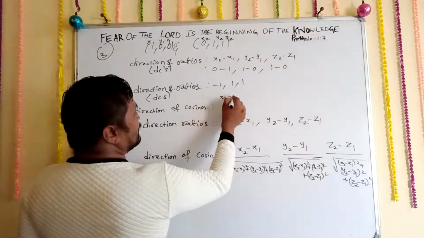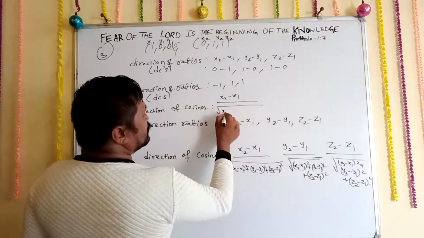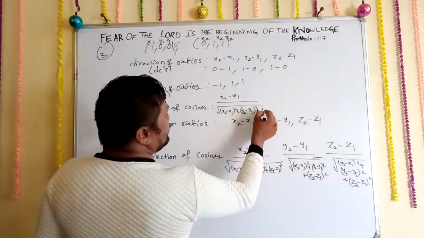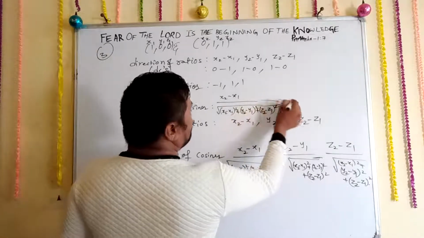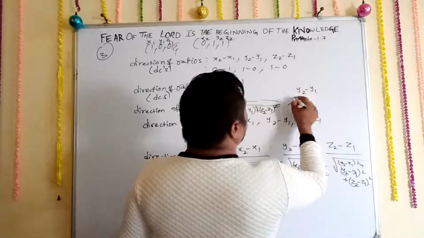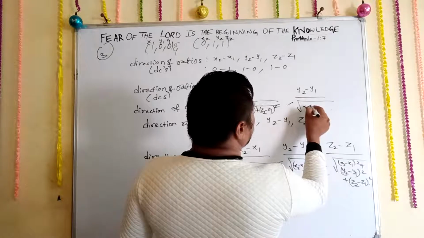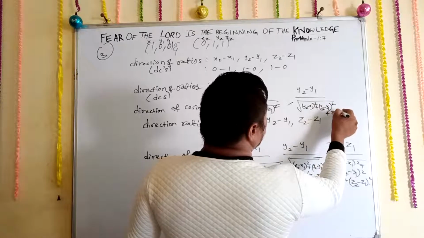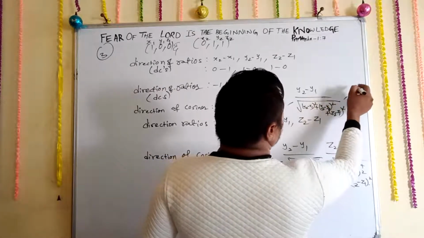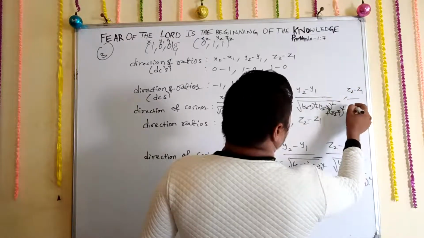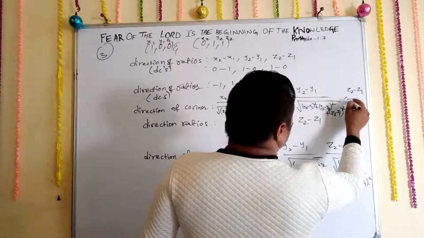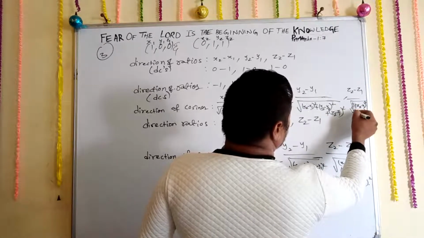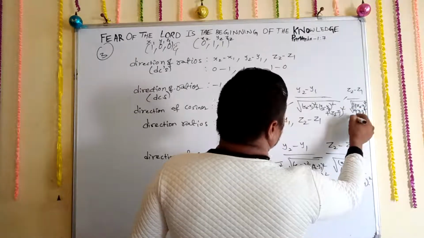Just write x2 minus x1 upon the square root of x2 minus x1 whole square plus y2 minus y1 whole square plus z2 minus z1 whole square, comma, y2 minus y1 upon the same square root, comma, z2 minus z1 upon the same formula, the square root of x2 minus x1 whole square plus y2 minus y1 whole square plus z2 minus z1 whole square.